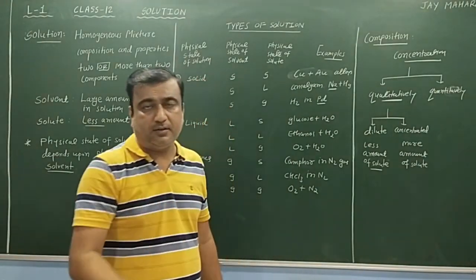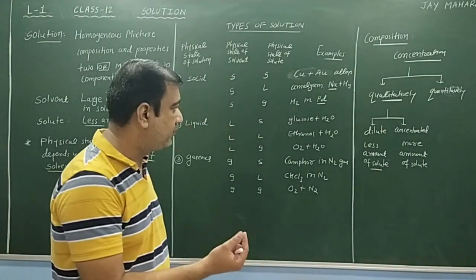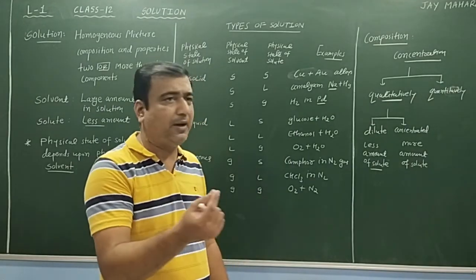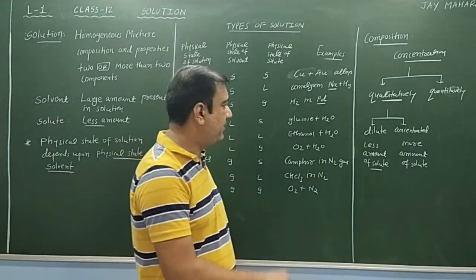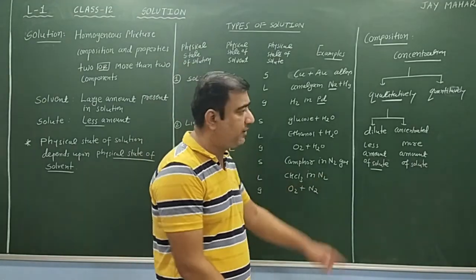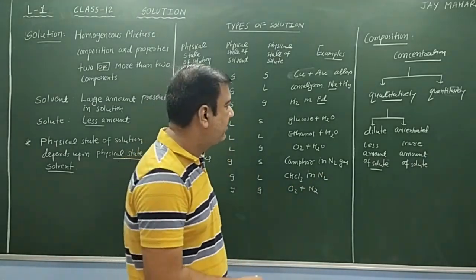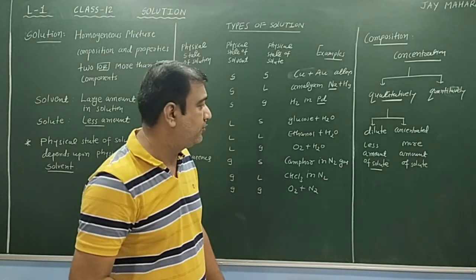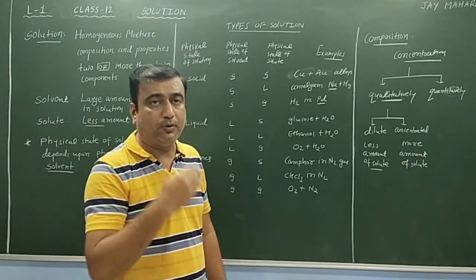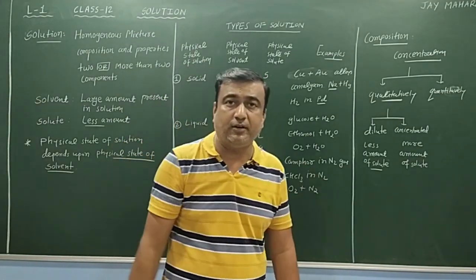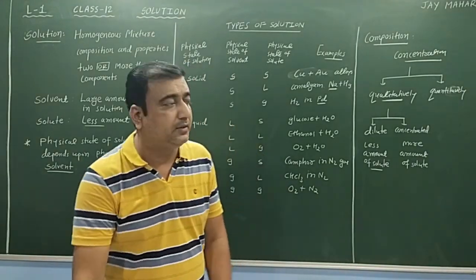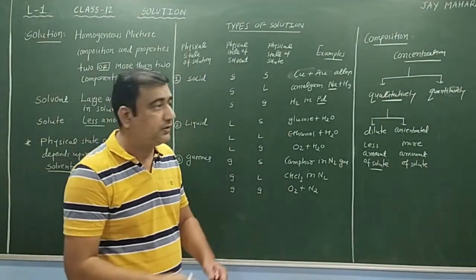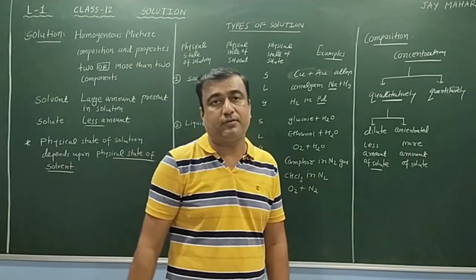Suppose in 100 gram solution, 0.5 gram solute is there, otherwise 1 gram, then it is known as a dilute solution. But suppose in 100 gram solution, 40 gram solute is dissolved, 50 gram, 60 gram, then it is known as a concentrated solution.